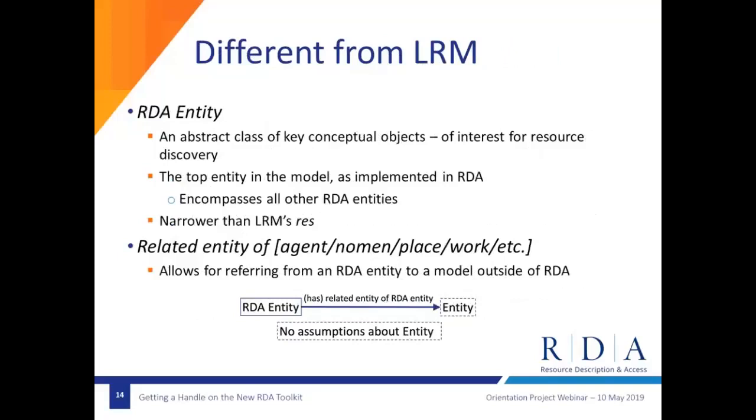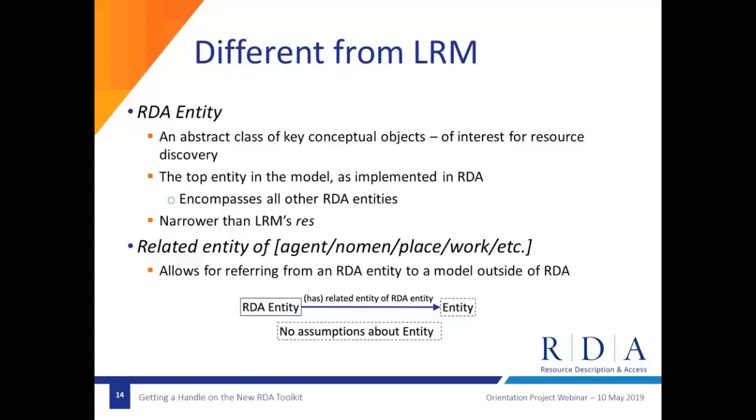What's a little different from LRM, but still somewhat inspired by LRM, is this category called RDA entity. This is an abstract class of key conceptual objects that are of interest for resource discovery. This is the top entity in RDA's model, as opposed to what's the top level in LRM, which is res. This is a little bit narrower.